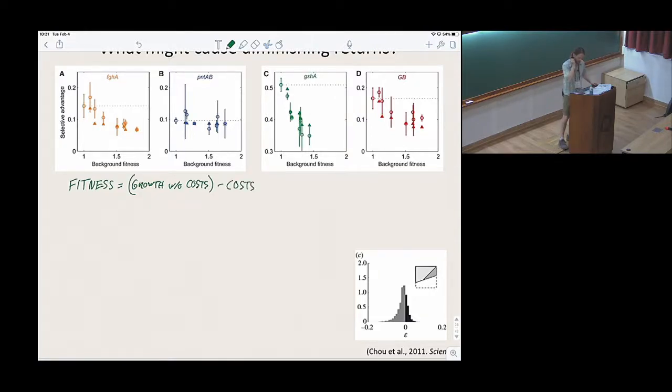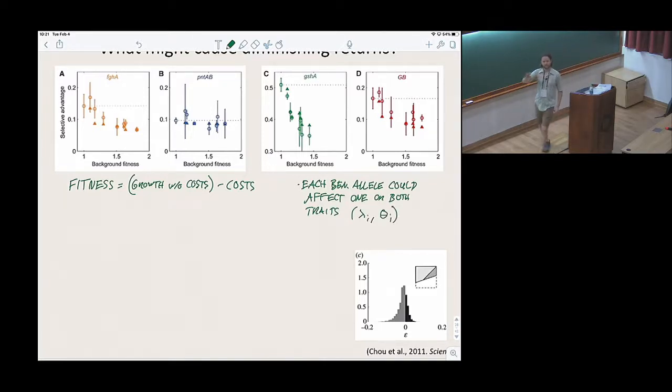And we imagine that each beneficial allele could affect one or both of those traits by factors lambda or theta.